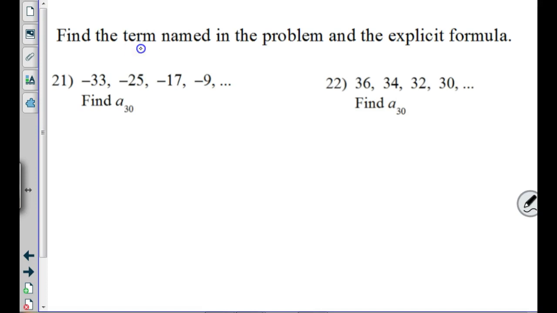All right, find the term named in the problem and the explicit formula. I would do that in the opposite order. If we write the explicit formula, what will we have to put into it to find the 30th term? Let's put in n equals 30, right? So the explicit formula looks like this.